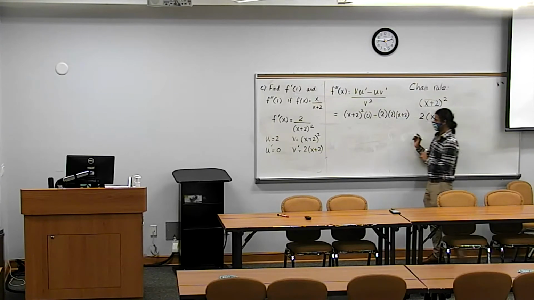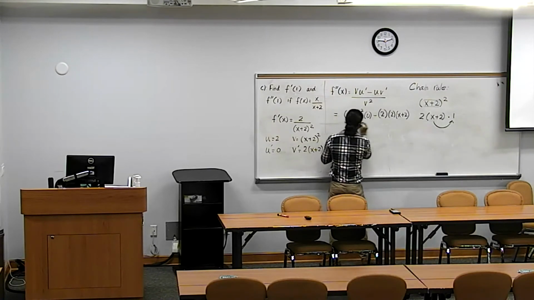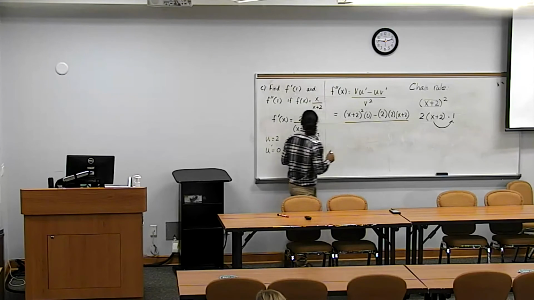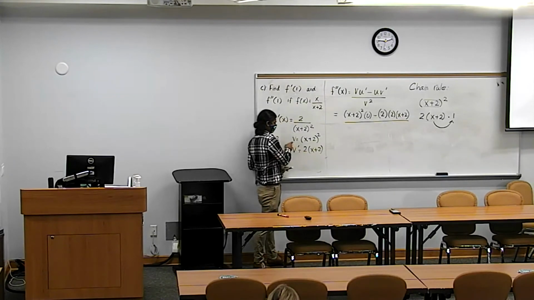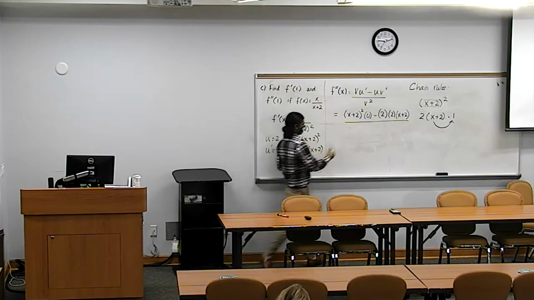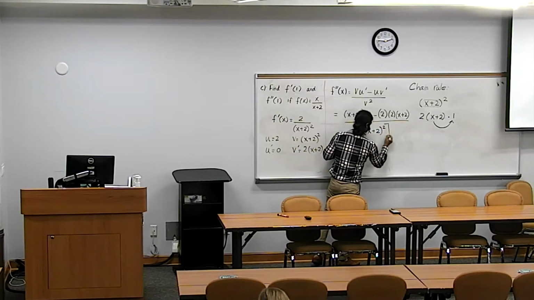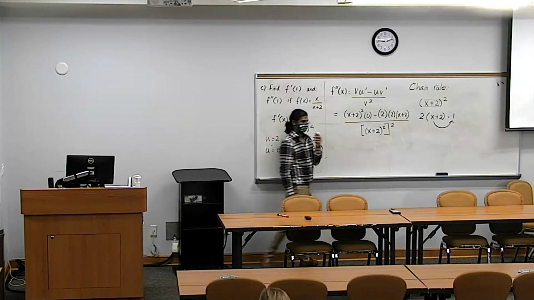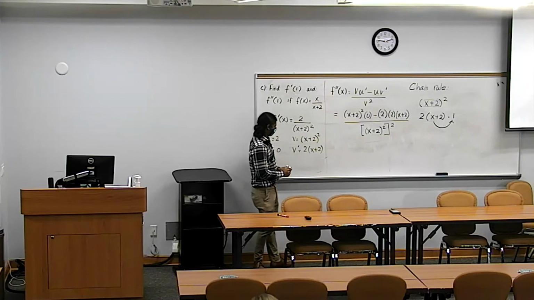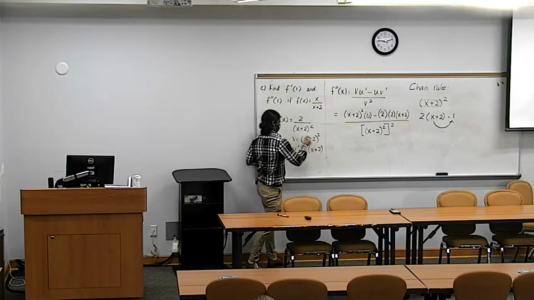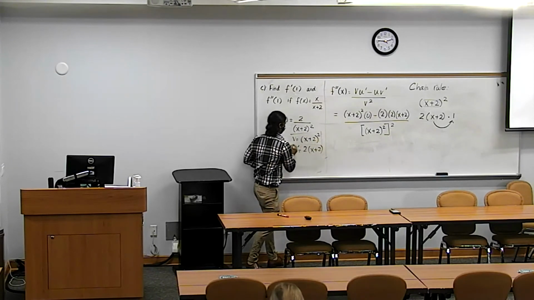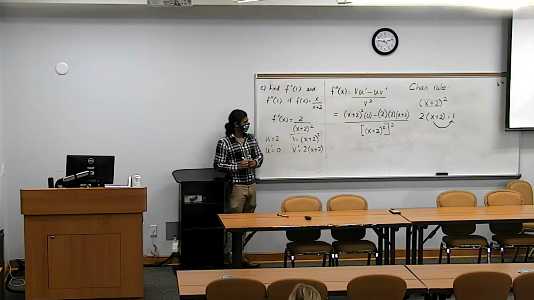Divide the entire thing by v squared. But mind you, v in this case is x plus 2 squared. So we have x plus 2 squared, because v is x plus 2 squared.